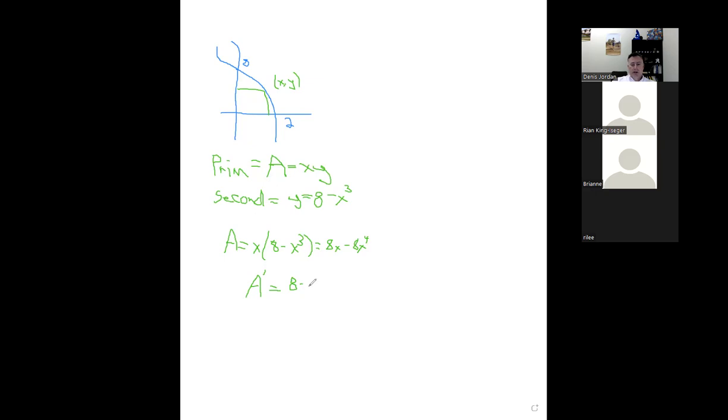Should be 8 minus 4x to the third. And then once we get our derivative, what do we do with it?